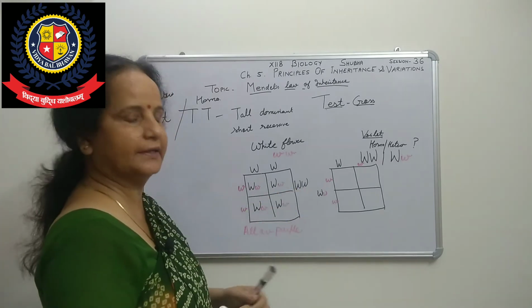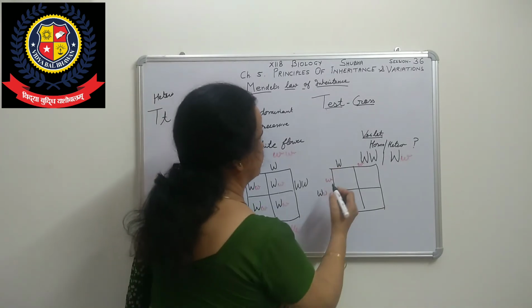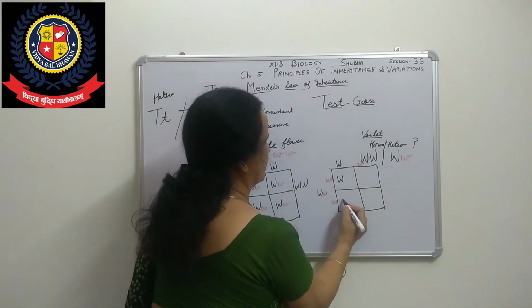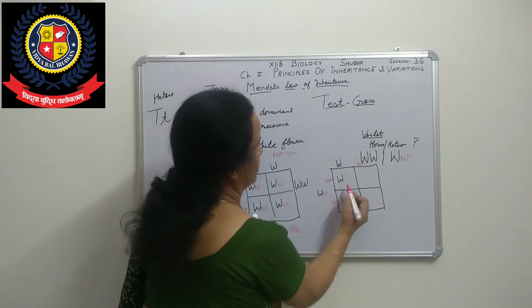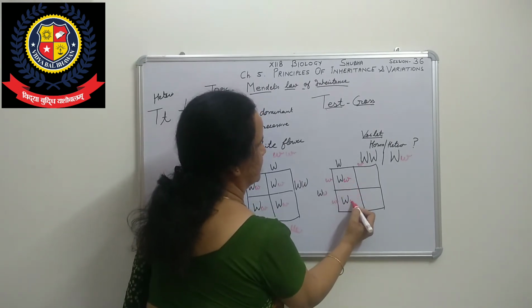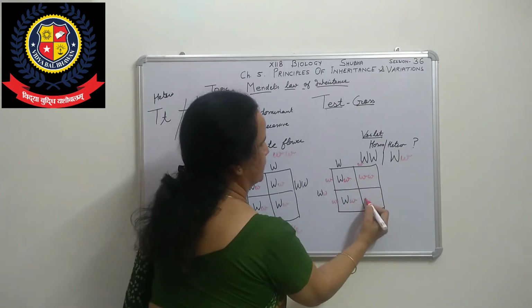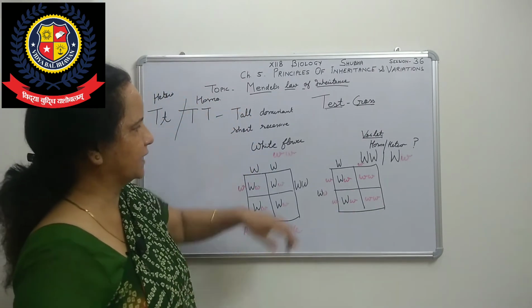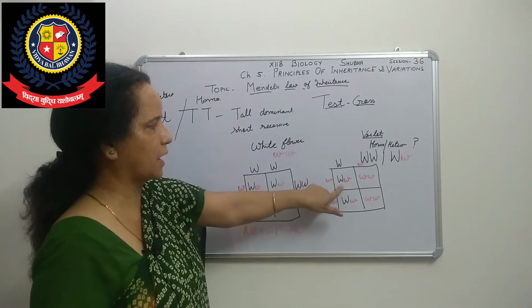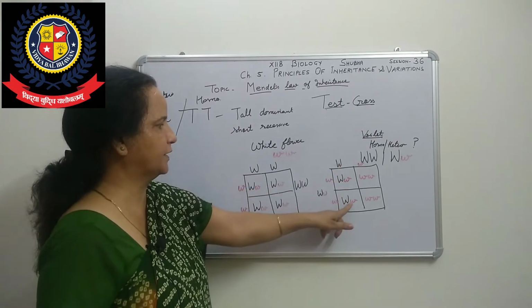But what will happen in the other case? We will see when they multiply here, this one, this one, this one, this one. Here we are multiplying this and this: capital W is dominant and then recessive, then dominant and recessive.